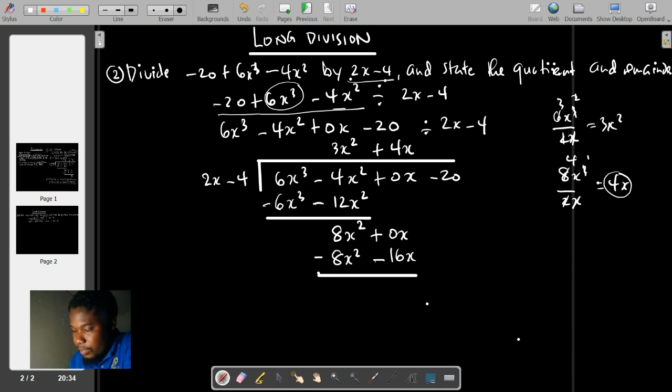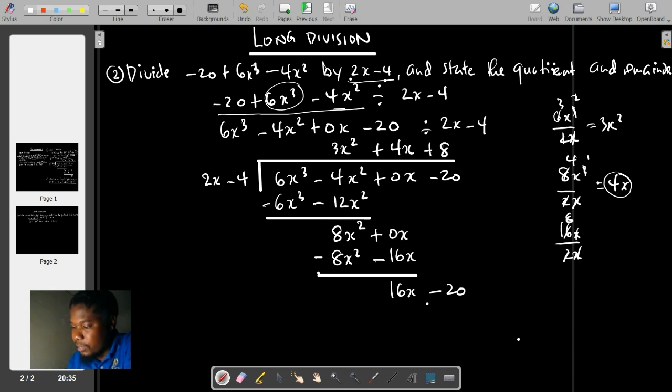What we end up getting is 8x squared minus 8x squared is 0. And then 0x minus negative 16x, we get positive 16x. And then minus 20. Alright, so 2x into 16x. That's 16x over 2x. We get an 8, so we write it above the constant.